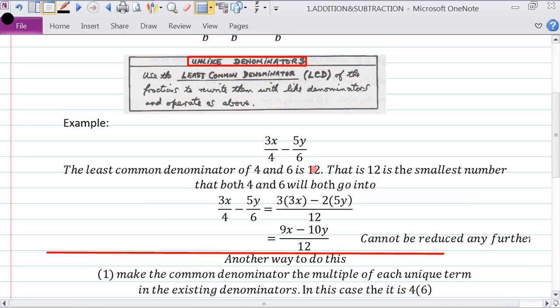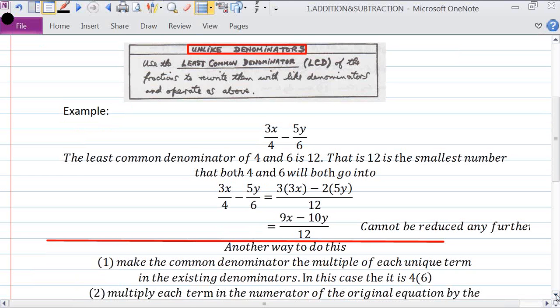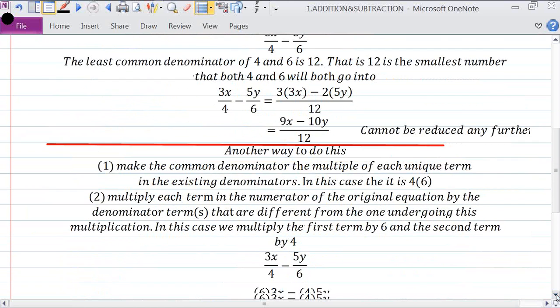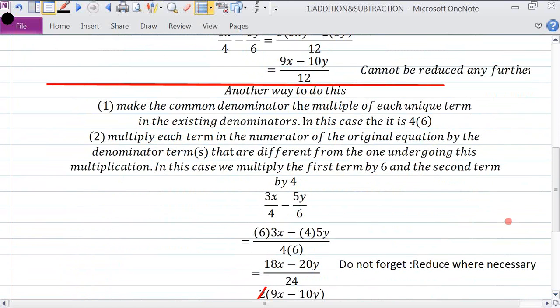So you wouldn't necessarily get a totally wrong answer. You just have to realize that you'd have to reduce it further. So always look at your final answer and ask yourself whether you can reduce it further. Now, another way that you could do this, let's say you had difficult numbers and you couldn't see what the least common multiple was.